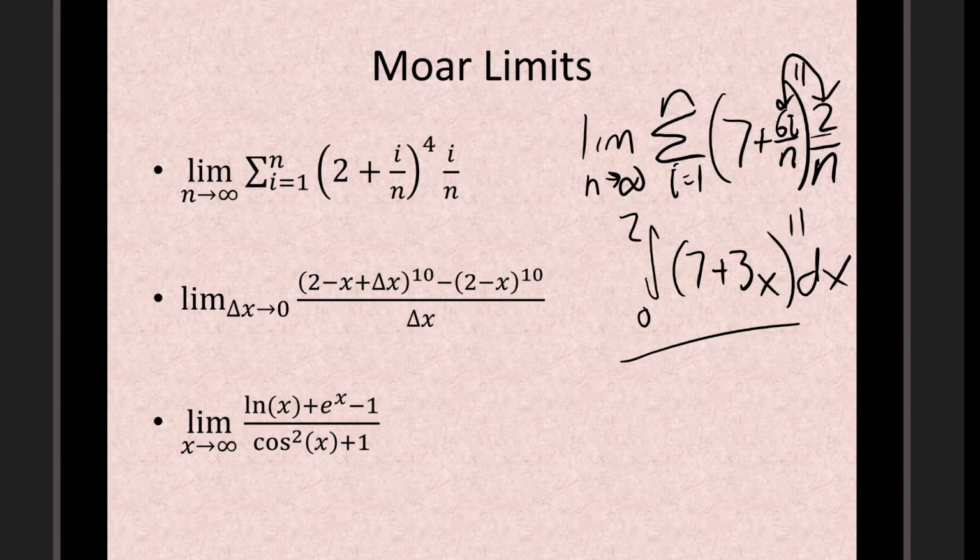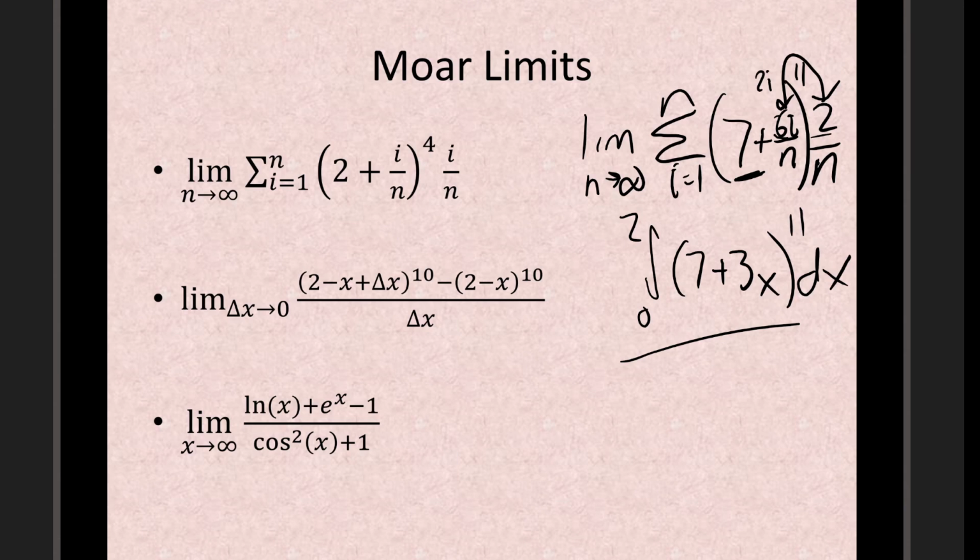When the 2 and the number in front of the i inside match, we can just substitute x for x and be chillin'. Like if this was 2i over n in here, it would be from 7 to 9. But because it's not 2i over n, we're actually modulating the width of our x values, which changes our initial x value.